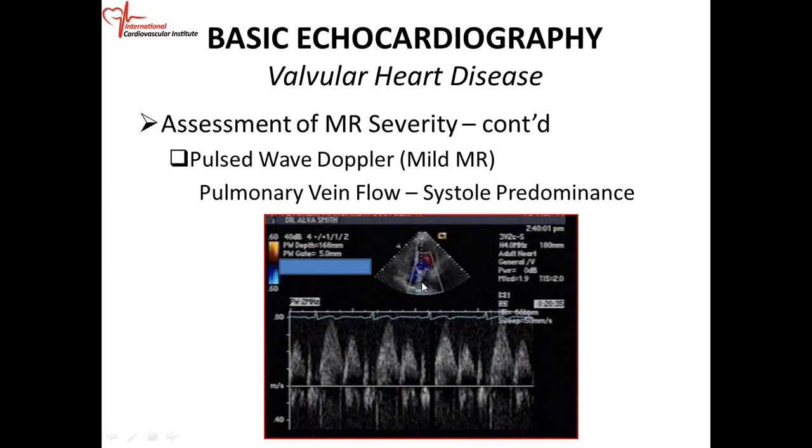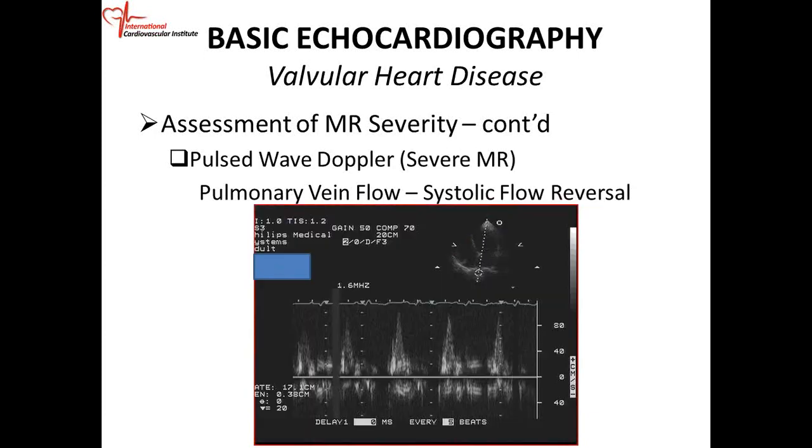Remember, when the atrium contracts, it pushes blood backwards into the pulmonary veins. And this is where you have severe mitral regurgitation. See the systolic, from here to there, systole is actually reversed. You don't see it clearly, but it's systolic flow reversal. This is the diastolic component, and atrial flow reversal is right there.